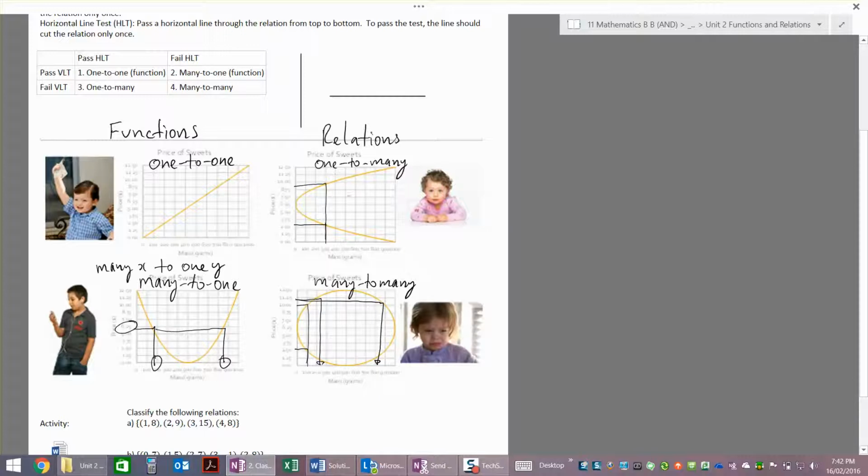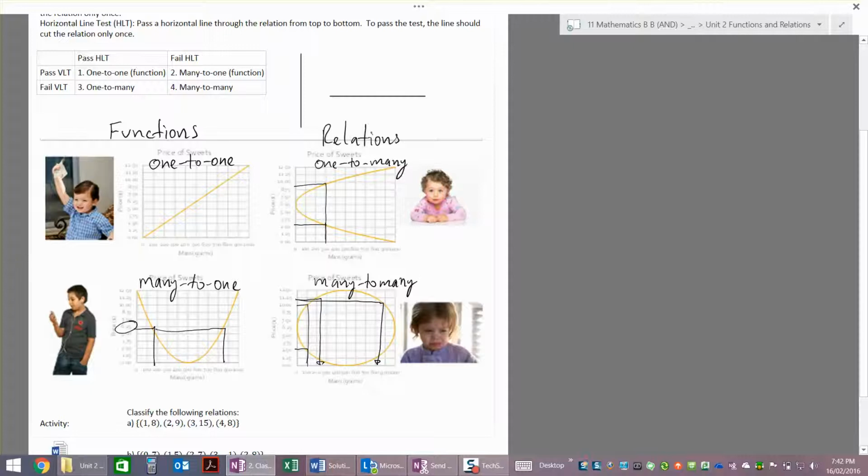Over here, one x to many y, to more than one y value. Might be a good thing to note. So that's essentially how we're going to classify these functions into these four categories.